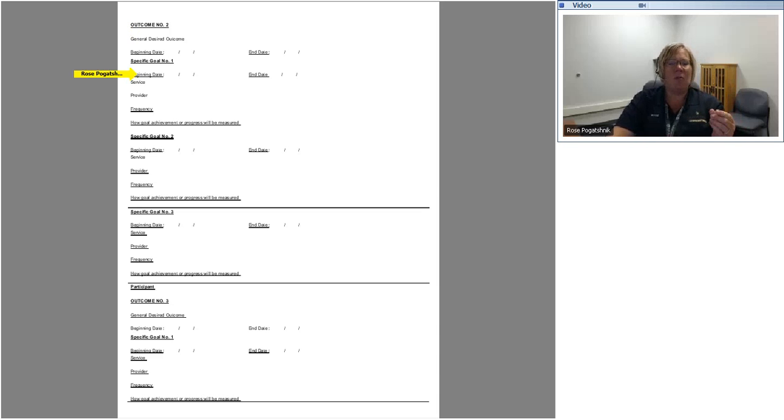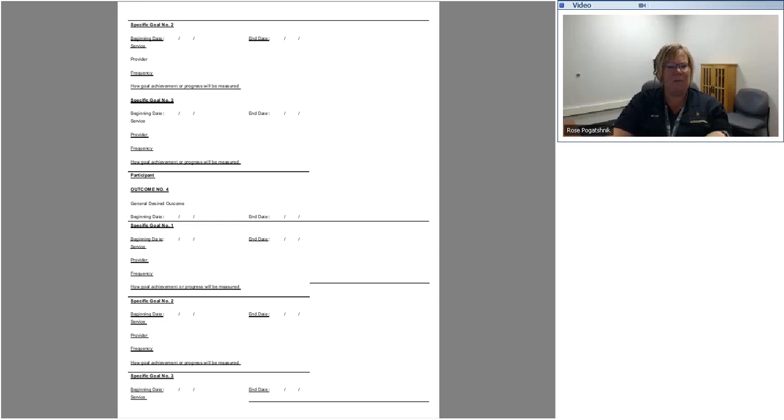So this first goal might be, we're going to do a chemical dependency assessment and figure out what you need there. And then we're going to get you connected to a treatment program and come up with a plan, whether it be inpatient, outpatient, when the meetings are, what you need. Goal 3 is to follow through with that treatment plan, and then ultimately get you sober. And if there's another outcome, getting a job, do we need some training? Where do we need to go? What do we need to do? And we're going to break that down into those specific goals.